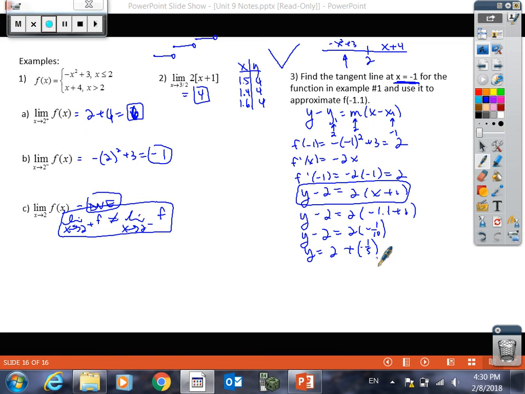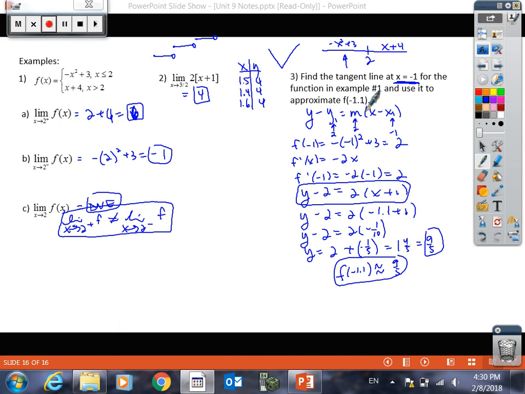So we calculate that, that gives us 1 4/5, which if we want it as an improper fraction would be 9/5. So our approximation, f of -1.1, would be approximately 9/5. And that's our tangent line approximation.